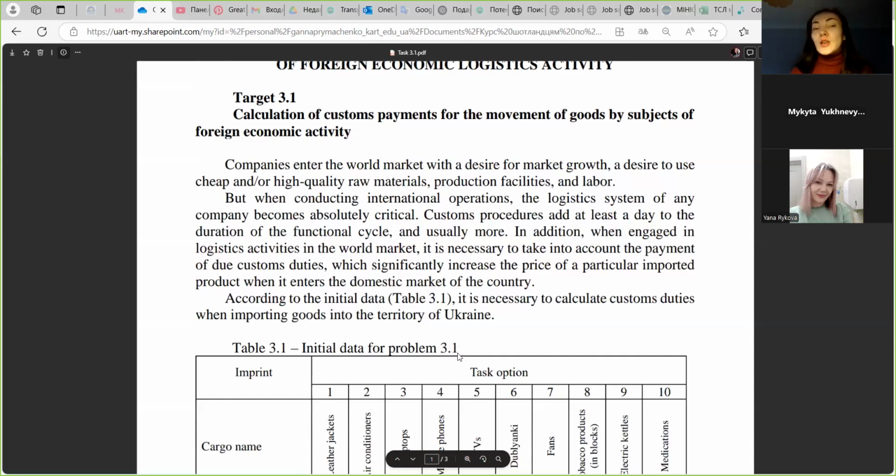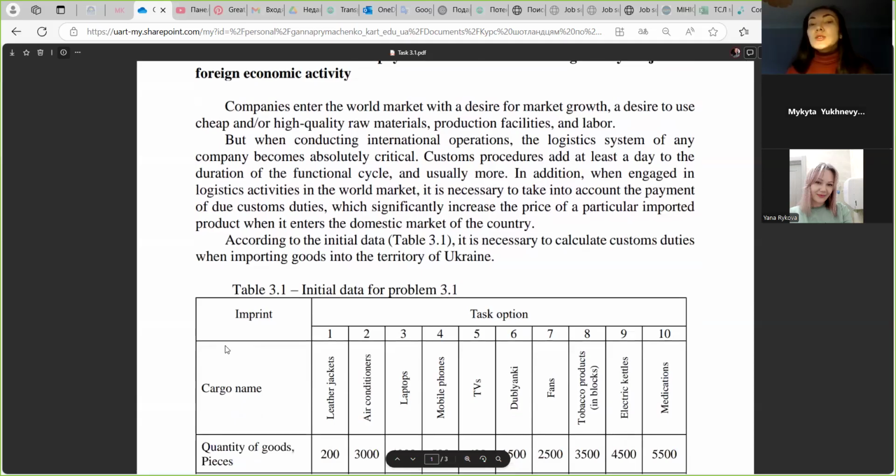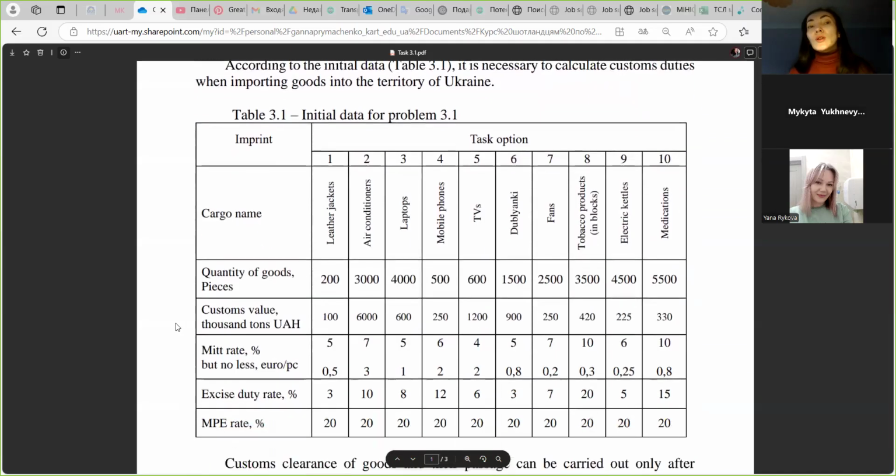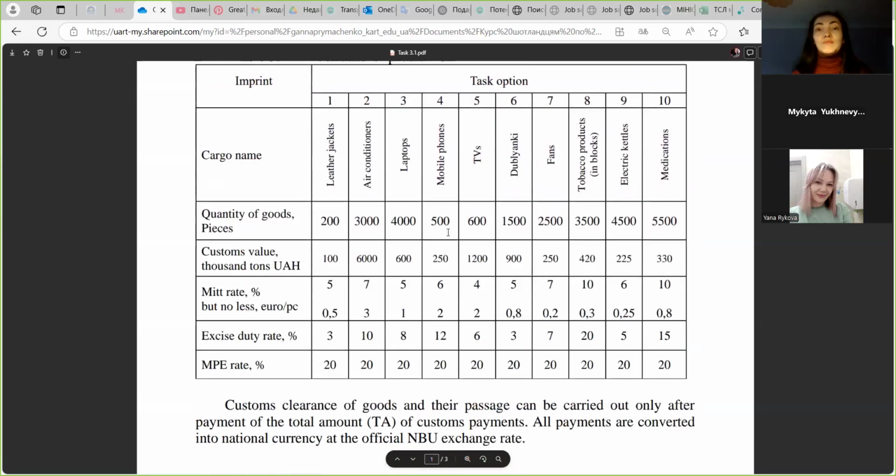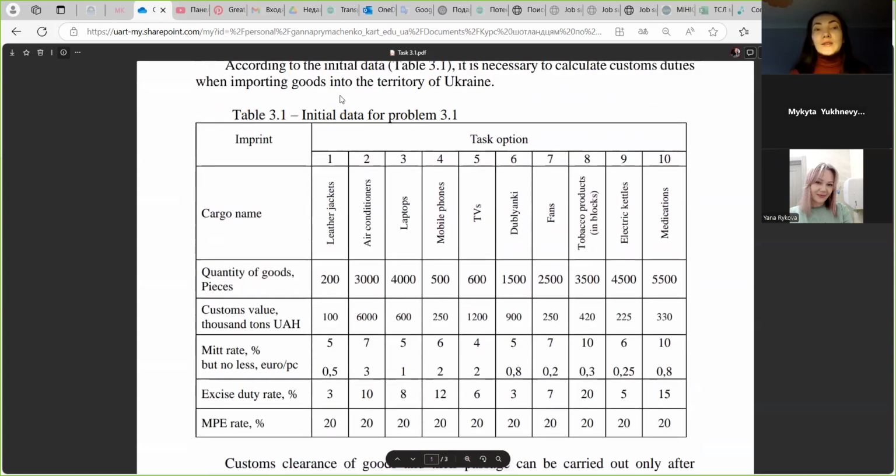According to the national data in our table 3.1, which we use today, it is necessary to calculate customs duties when importing goods into the territory of Ukraine. So in another foreign country we buy some products and we deliver them, imported, to the territory of Ukraine. Let us check the information in our table.